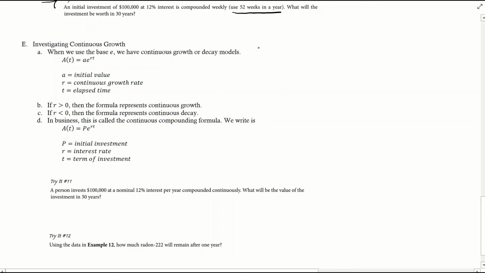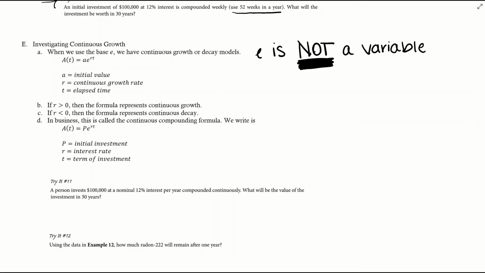So E is not a variable. I cannot even tell you how many times every single year I have this same discussion, and I get people who email me or come up to my desk wanting to know what the value of E is because it wasn't given. E is a button on your calculator.